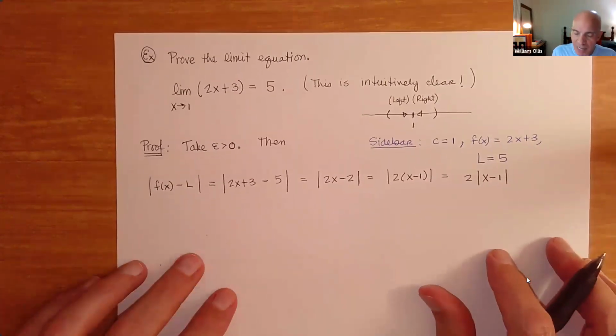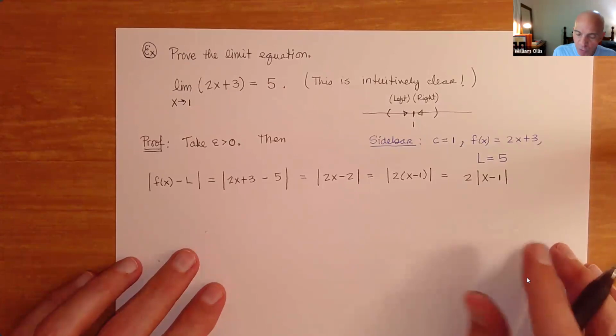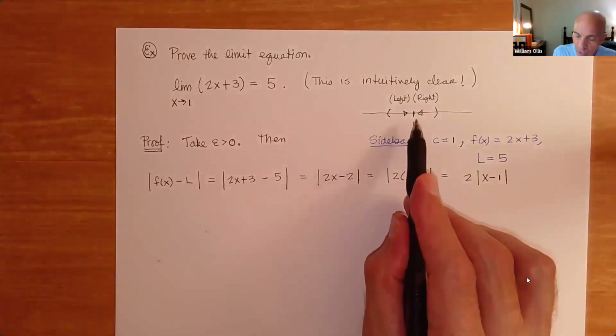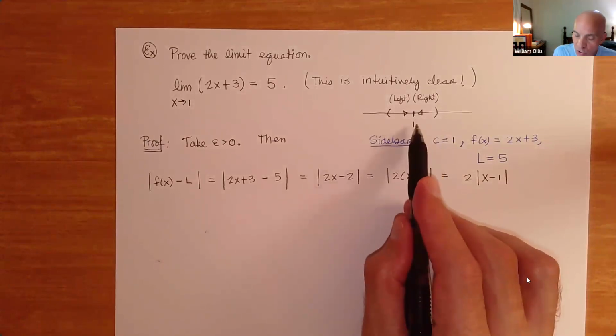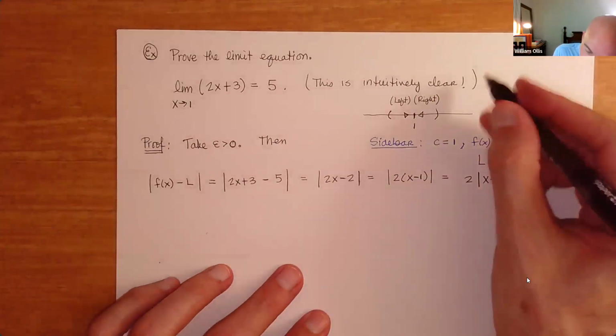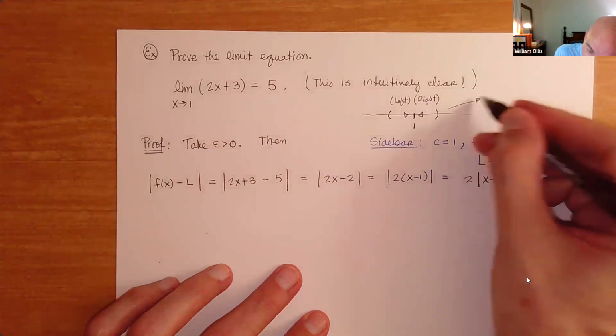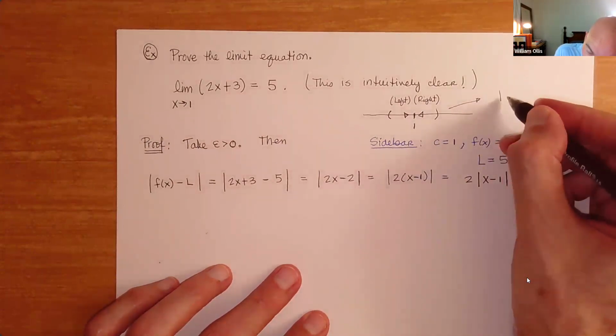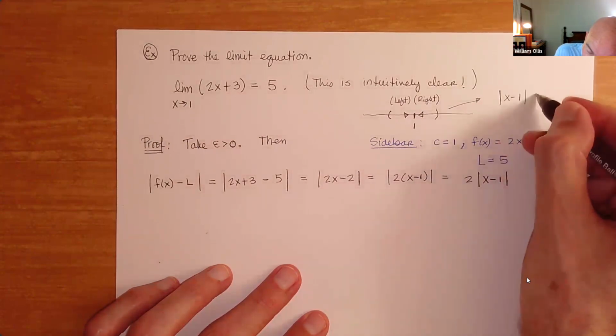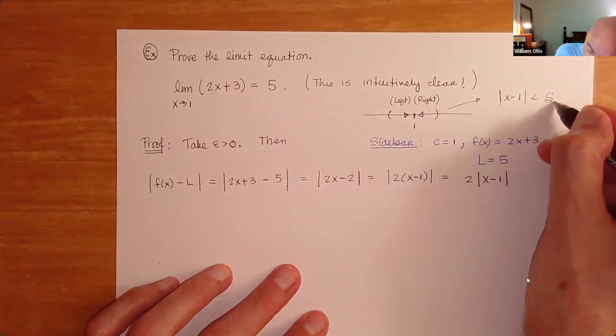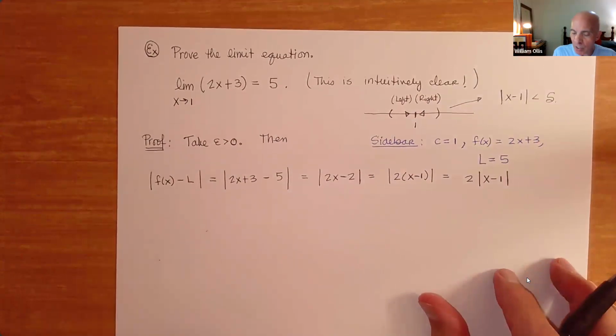Now, what's nice about this is that we're thinking our delta neighborhood here is written in terms of 1. So in this case, this is where we have our little thought bubble. We have x minus 1 in absolute value less than delta. So this is the connection that we're looking for.